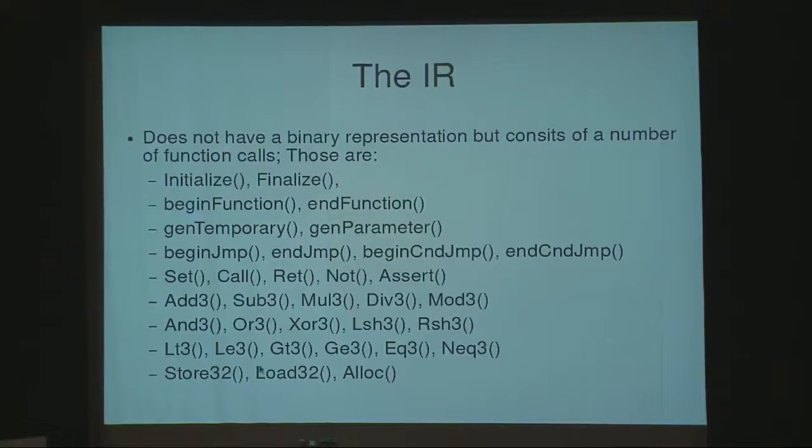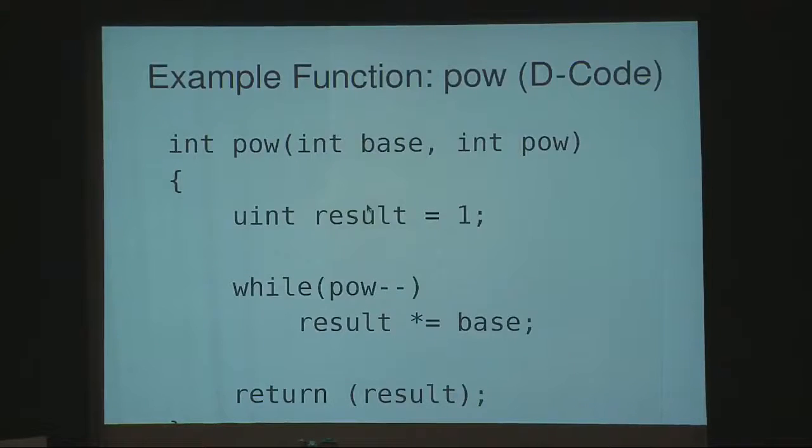You need to store to the heap, you need to allocate memory on the heap, you need to compare stuff, you need to do the binary operations, you need to call stuff and to return stuff, you need conditional jumps, and you need to be able to allocate parameters and temporaries, and begin function marks the end of function body.